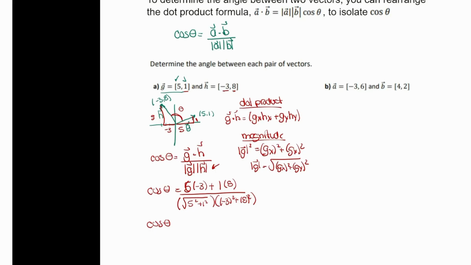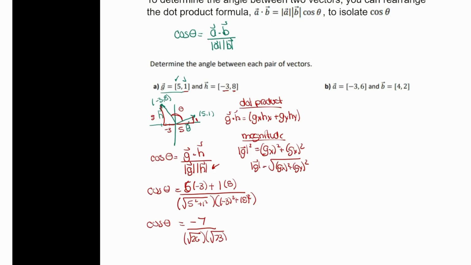When we do all the math on that, 5 times negative 3 plus 1 times 8 gives us a value of negative 7 on the top, and we end up with 5 squared plus 1 squared gives me the square root of 26, and negative 3 squared becomes 9, plus 8 squared gives me a root of 73.